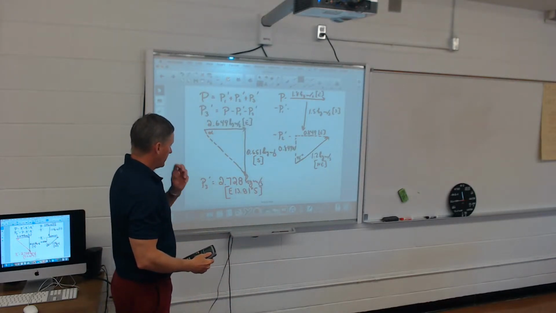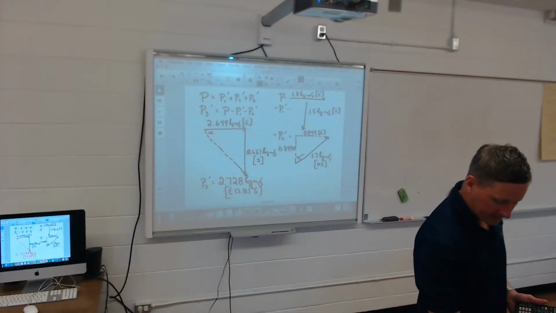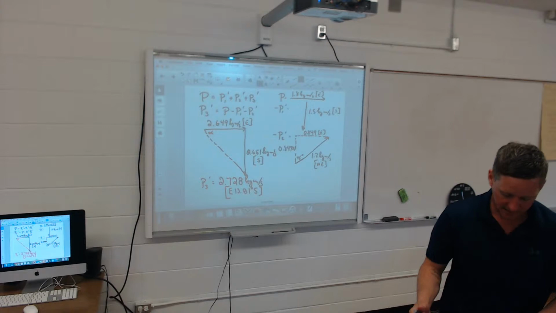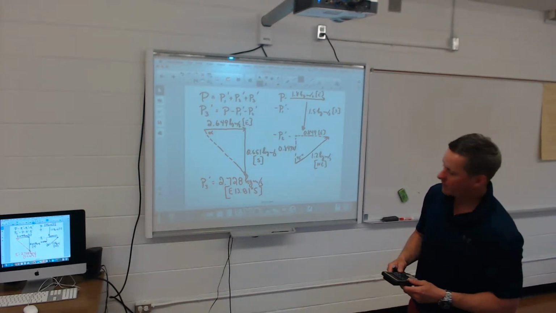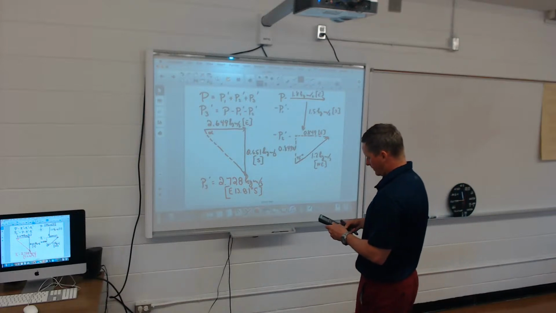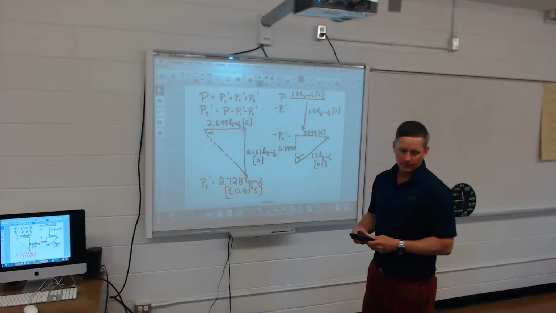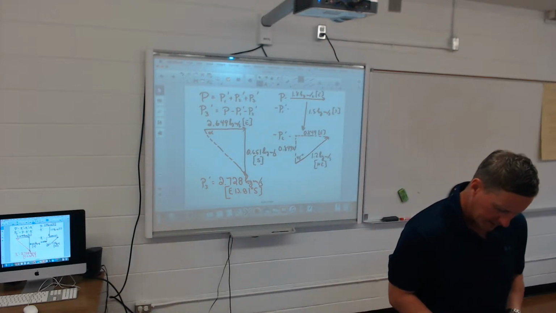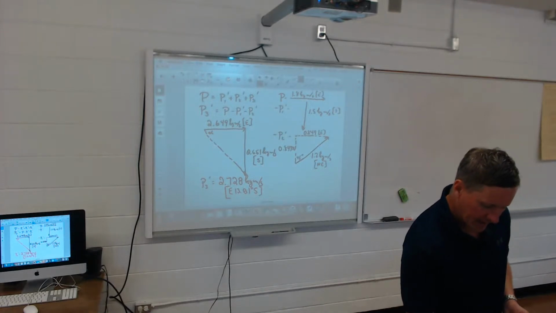And to find out the speed of it, I would divide by the mass of it. The mass is 0.4 kilograms, so 2.728 divided by 0.4. So it should fly off at 6.82.